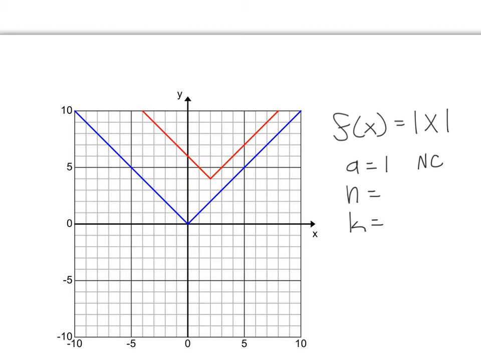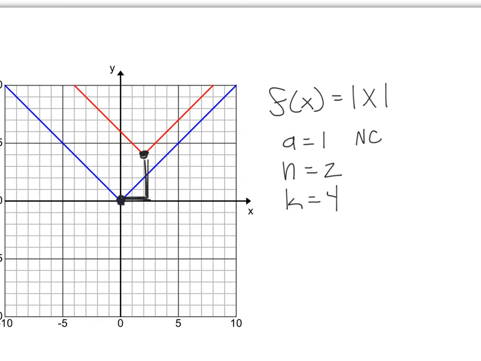We want to go from your starting point to the next starting point, from the bottom of the V to the top of the V. So we went to the right 2, and we went up 1, 2, 3, 4. So that's how we got our h and our k. We're doing the opposite now. We look at our graph, and you figure out which one it is.